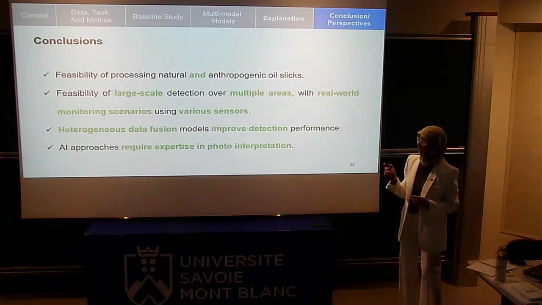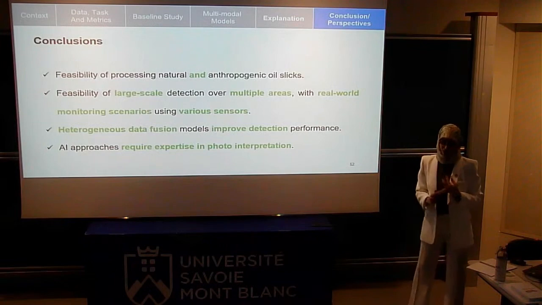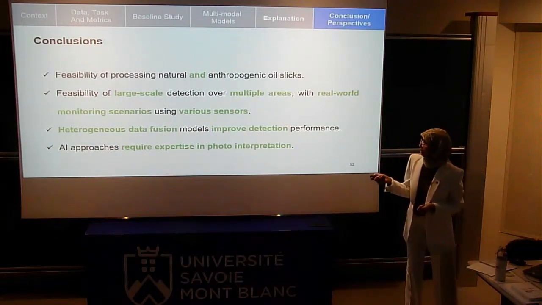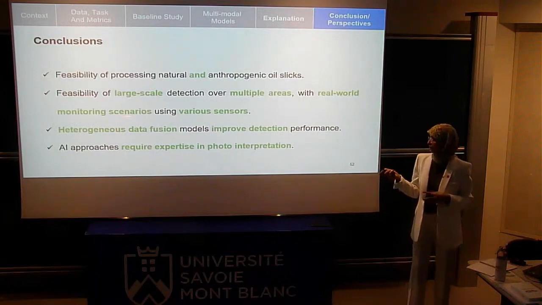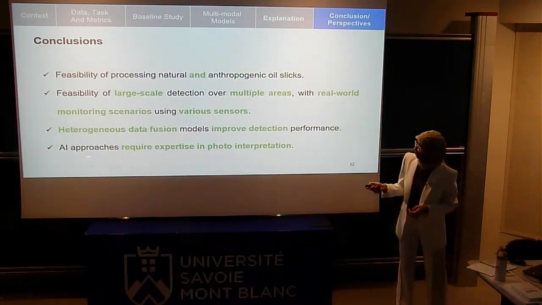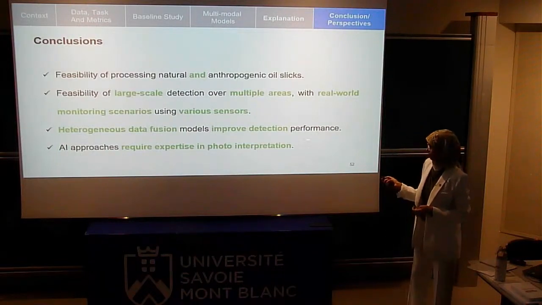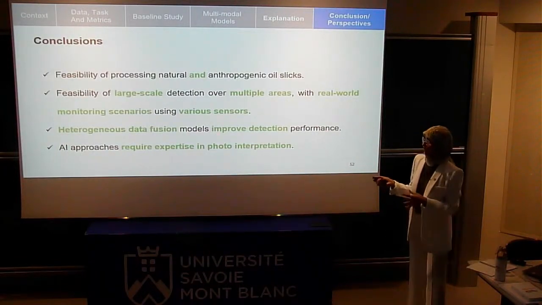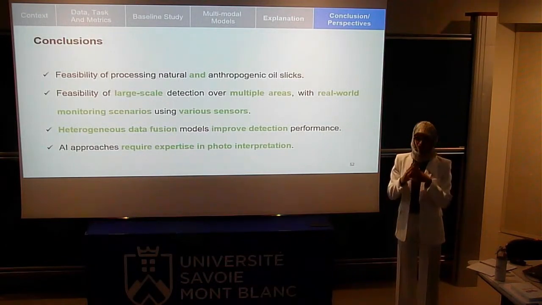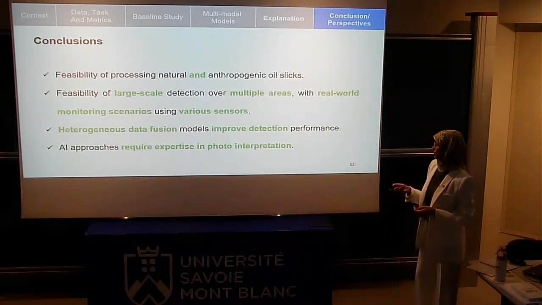We use large-scale real monitoring and multi-area data in this study, and we fuse several data of several natures to improve the detection. We also had a lot of exchange with the photo interpreters, and we can say that even if we have automatic tools, the AI approach, they require the photo interpreter's expertise.